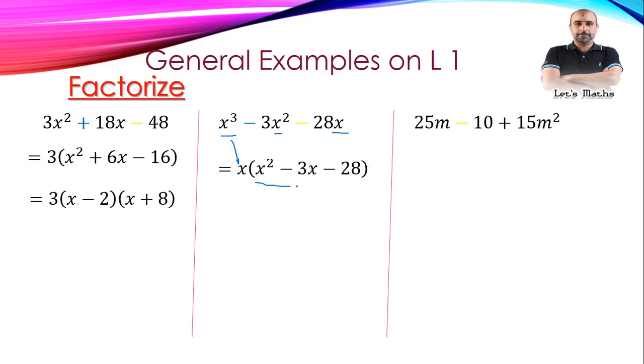Now this is the expression in the first form. We will factorize the last term only. 28 equal 1 multiply 28, 2 times 14, and finally 4 times 7. Which case the difference between them is 3.